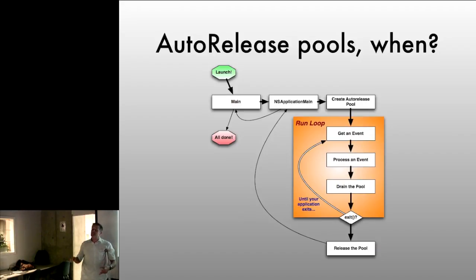Your application is basically like an event server. It picks up an event, it processes the event, and then when your application is done processing the event, you come back out of your code.